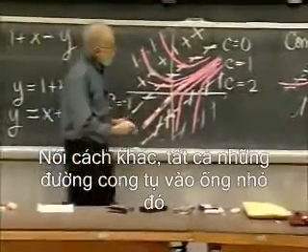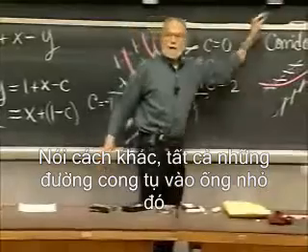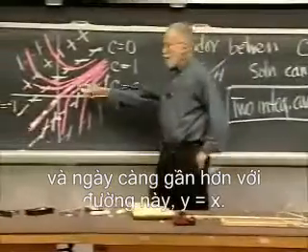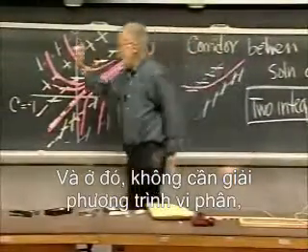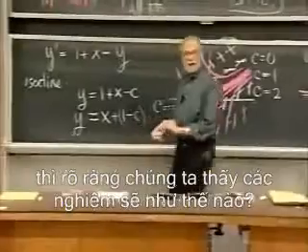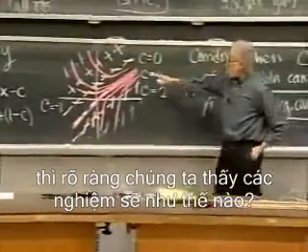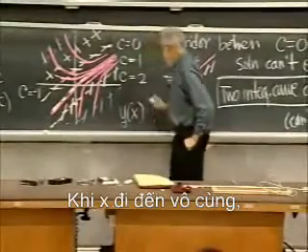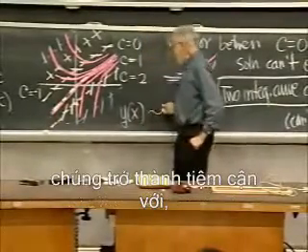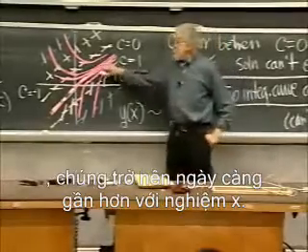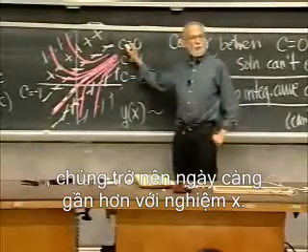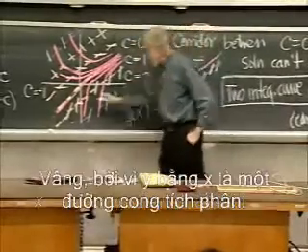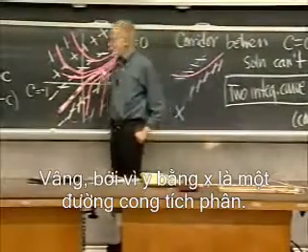In other words, all these curves join that little tube and get closer and closer to this line y equals x. And therefore, without solving the differential equation, it's clear that all of these solutions, how do they behave? As x goes to infinity, they become asymptotic to, they become closer and closer to the solution y equals x. Is y equals x a solution? Yeah, because it's an integral curve.